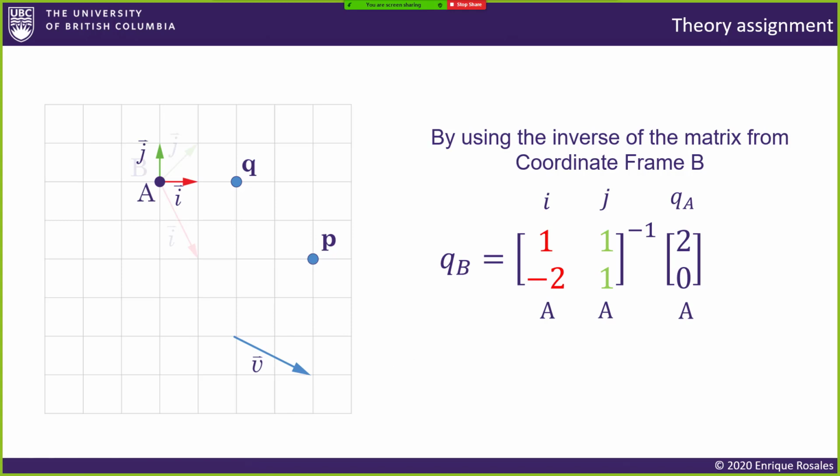Then Doruk. Hello. How would the answer for QB change if A was scaled by 2 or any number? Okay, that is a very good question. The thing is, in this case, the first coordinate frame that we are taking into account, A, is not scaled and not rotated, it is the actual world.